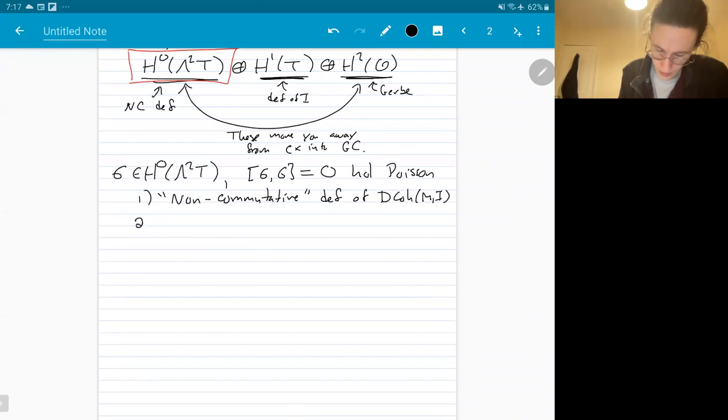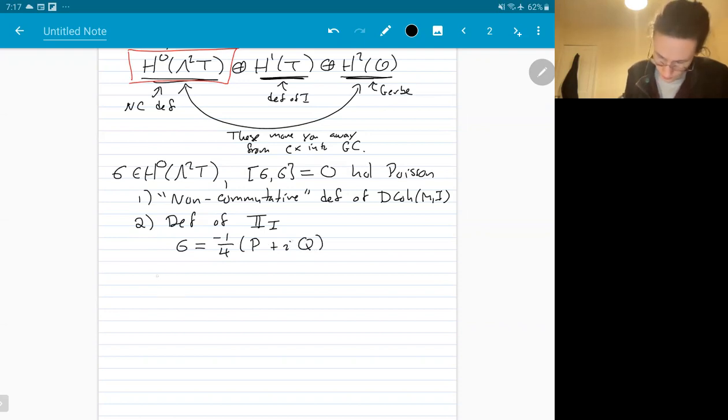But on the other hand, it will give you a deformation of the generalized complex structure I. And the way that this works is the following. If you write the holomorphic Poisson structure like this, decomposed into real and imaginary parts, then you can define a generalized complex structure with the following formula.